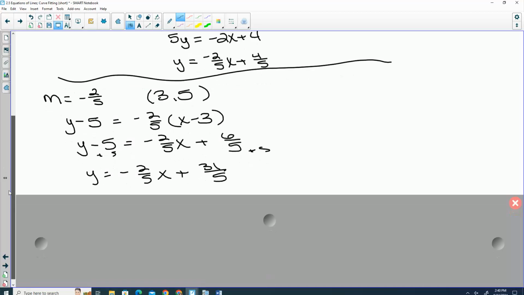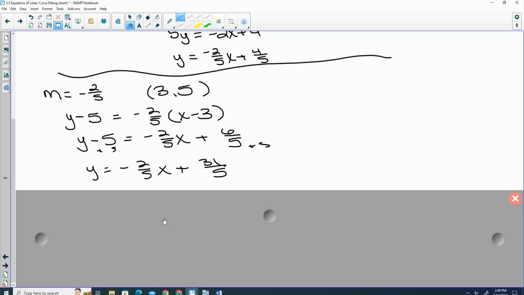But that is not my final answer yet. I wanted standard form. How do I put that in standard form? Okay, it has to be ax plus by, so I need to move over my 2/5 x. So if I add that over, okay, so ax plus by equals c.